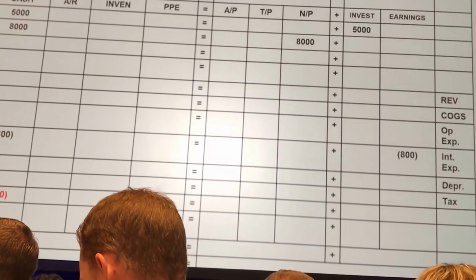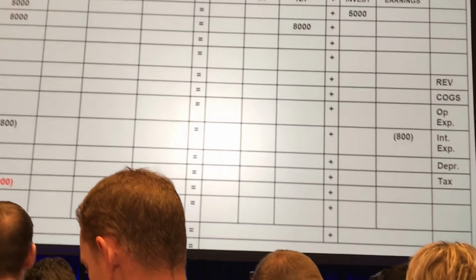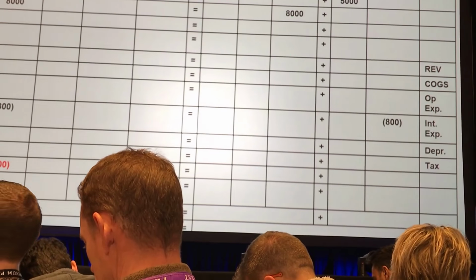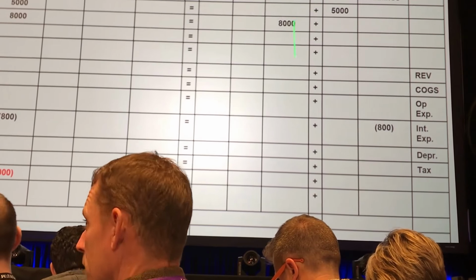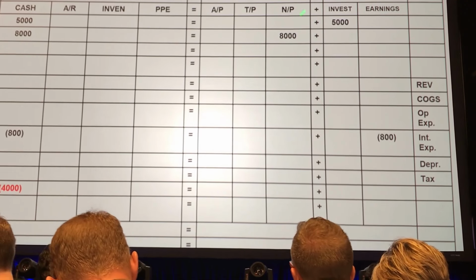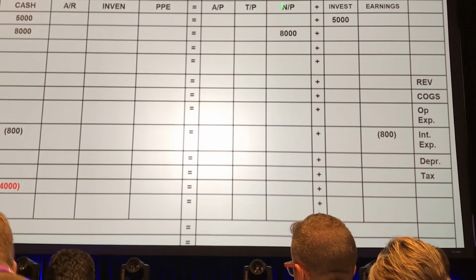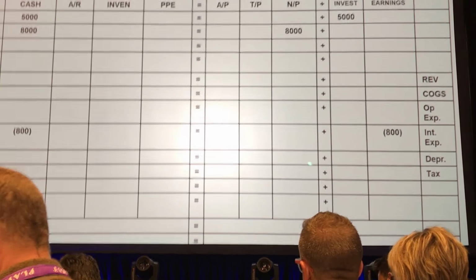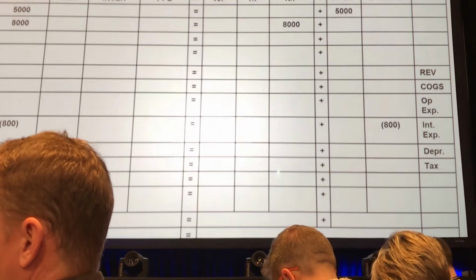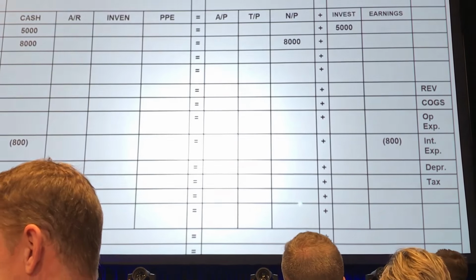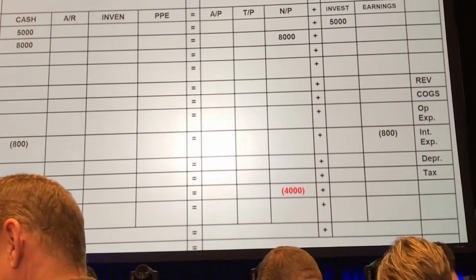I have a note payable column right here. I'm looking at the right slide right now so you guys can see my pointer. In this column, I repaid 4,000 of the notes. So the amount that I owe in note payable just went down by 4,000.